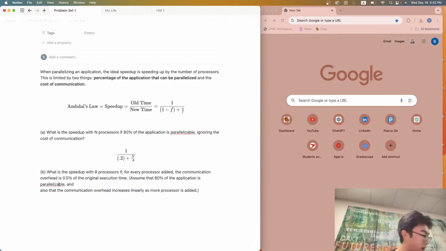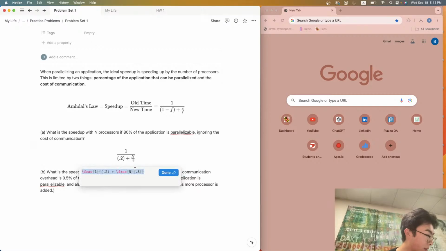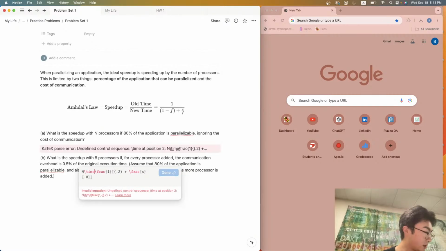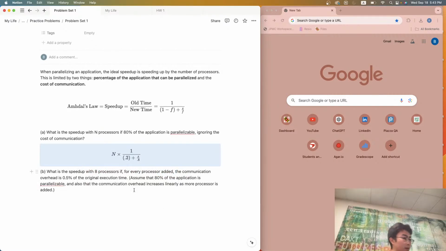Because I don't know where the number of processors goes here. Maybe it's like n times this. So yeah, S, and then we have n times Amdahl's law, the speed up.